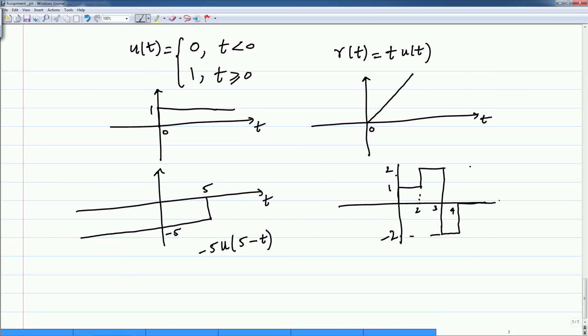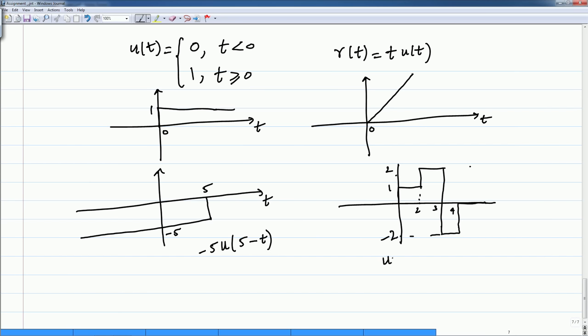Okay. So, here is a signal which actually might be an input signal to some system that you build. It's quite realistic. Quite often many signals look like this. So, for such a signal, how would you write it in terms of shifted unit steps? How do you do that?